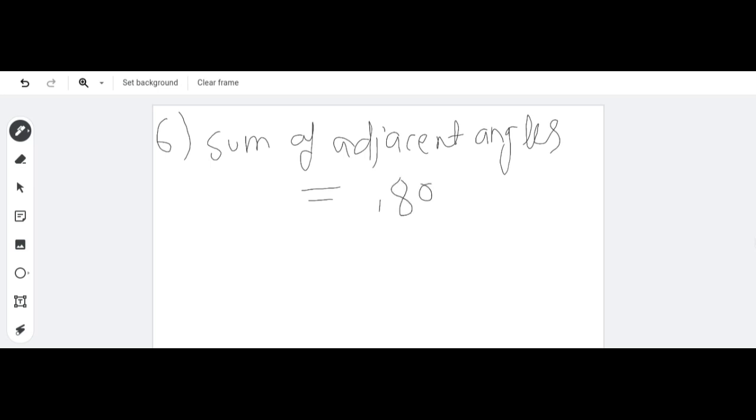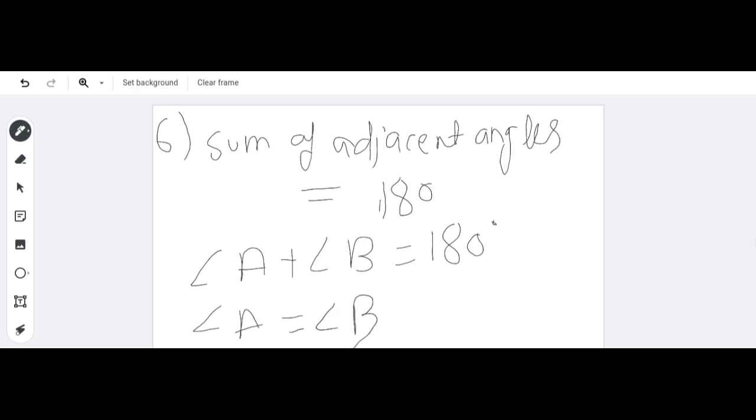Yes, 180. So by adding the two angles, angles A and B. But in the given question, they said that the angles are equal with each other. So can I write this? Angle A is equal to angle B.